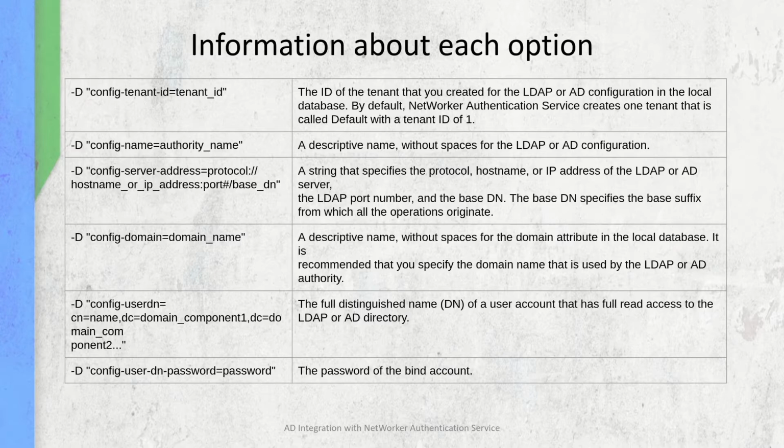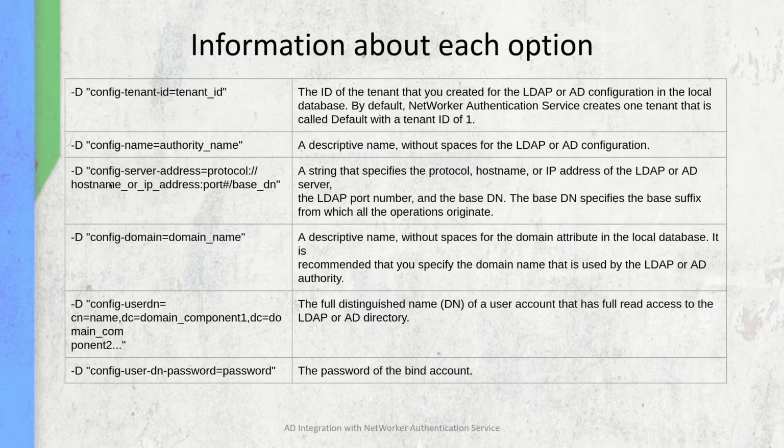We will see a couple of commands that use this in the demo. Next is the config name. Config name is just a descriptive name, without spaces, for the AD configuration. Again, this is just to identify if you have multiple external authority configurations on your Authc services.